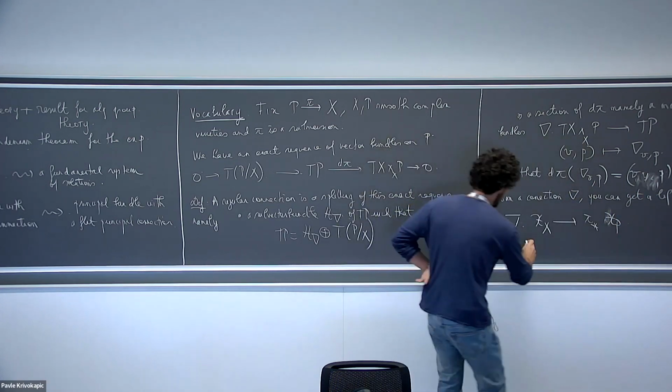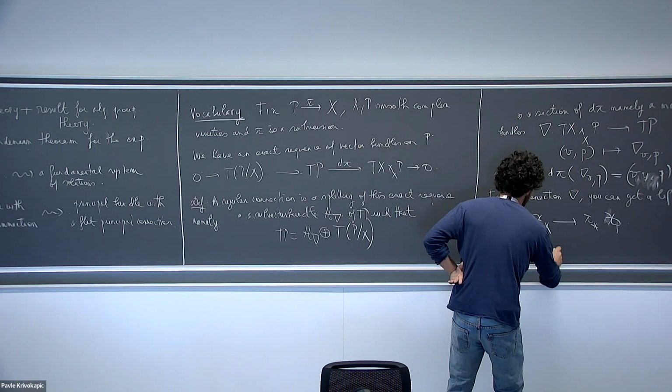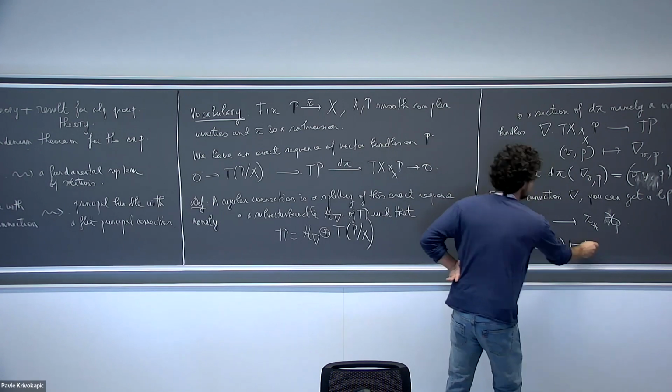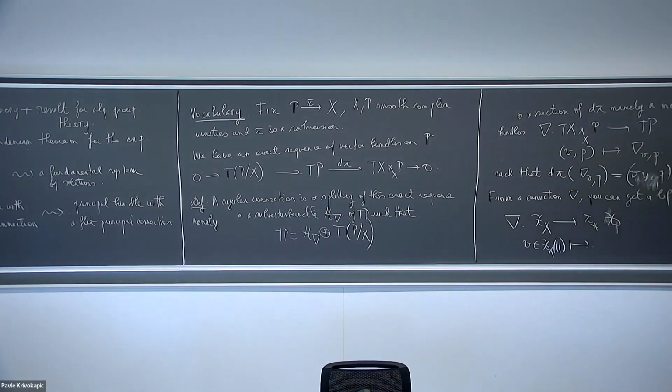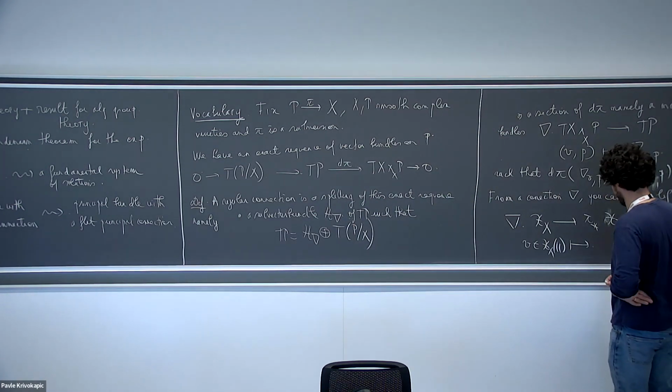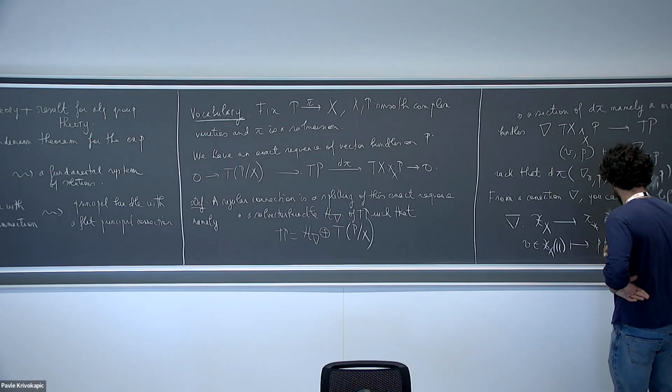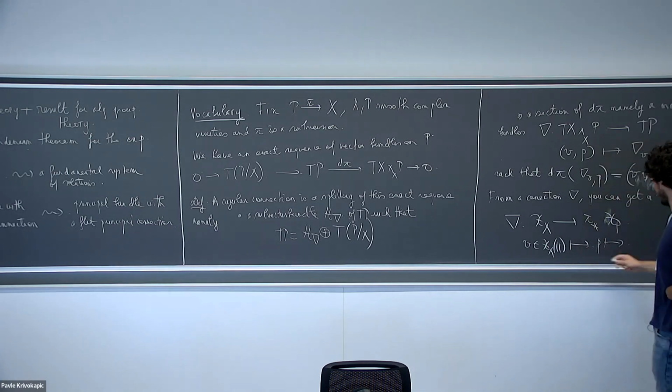We do the same thing: if you take a vector field v on X, you associate the vector δ(v,p), which is a vector on P, living on π^{-1}(X).